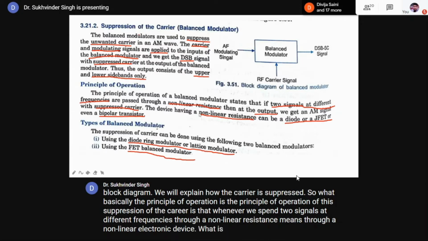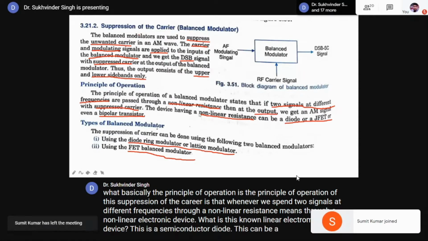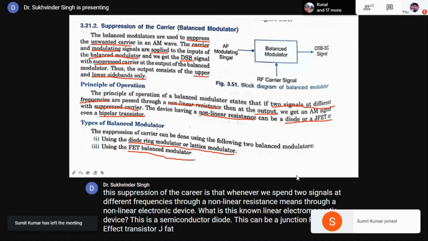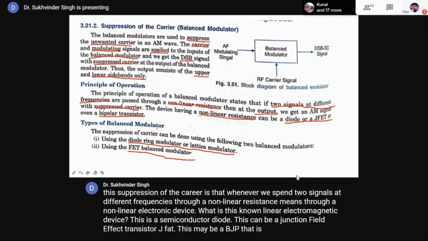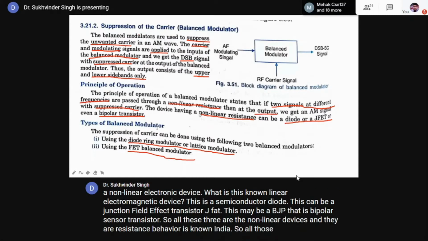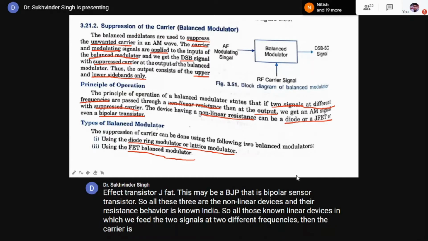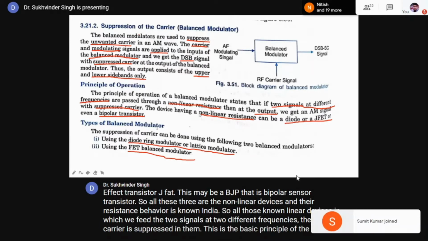What is this non-linear electronic device? This is a semiconductor diode. This can be a junction field effect transistor, JFET. This may be a BJT, that is, bipolar junction transistor. All these three are non-linear devices and their resistance behavior is non-linear. In all those non-linear devices in which we feed two signals at two different frequencies, the carrier is suppressed. This is the basic principle of the double sideband suppressed carrier block diagram system.